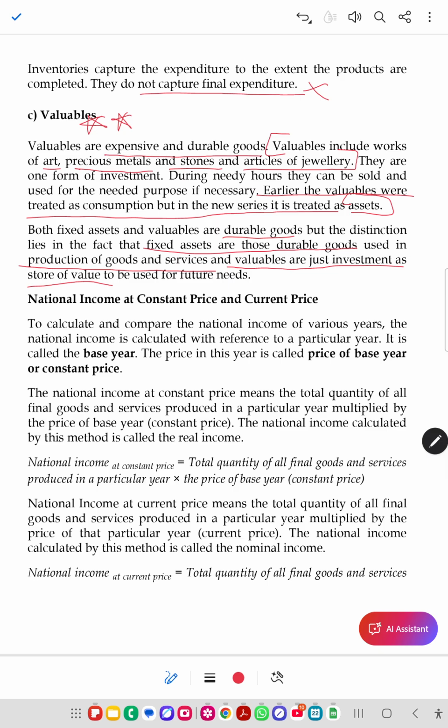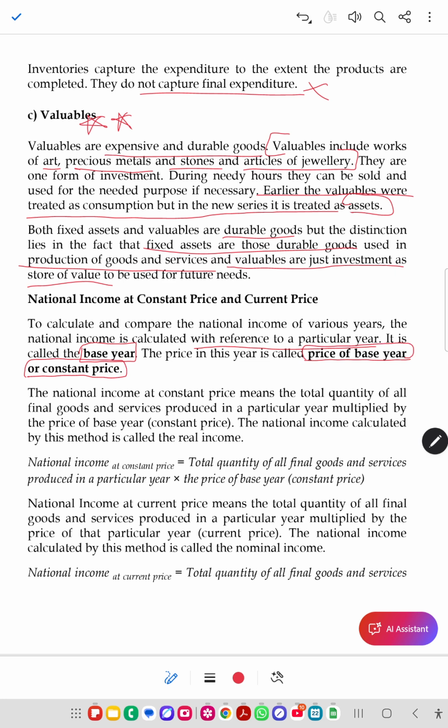National income and constant price. To calculate and compare the national income of previous years, the national income is calculated with reference to a particular year. It is called the base year. The price in this year is called the price of the base year, or constant price.